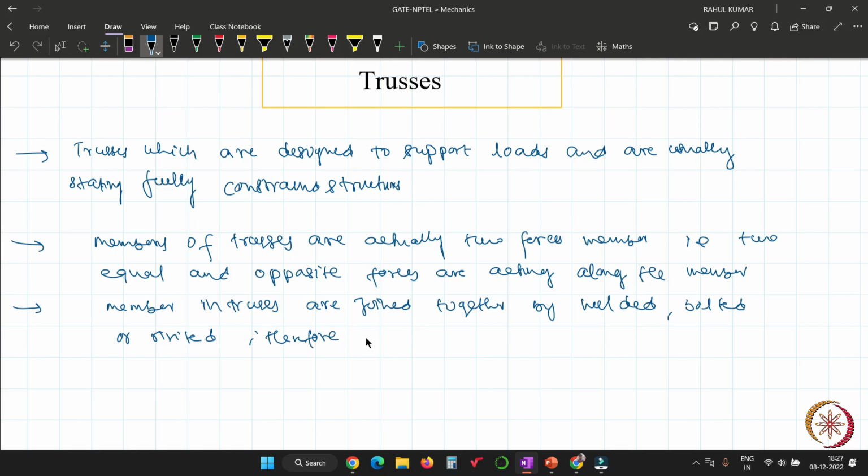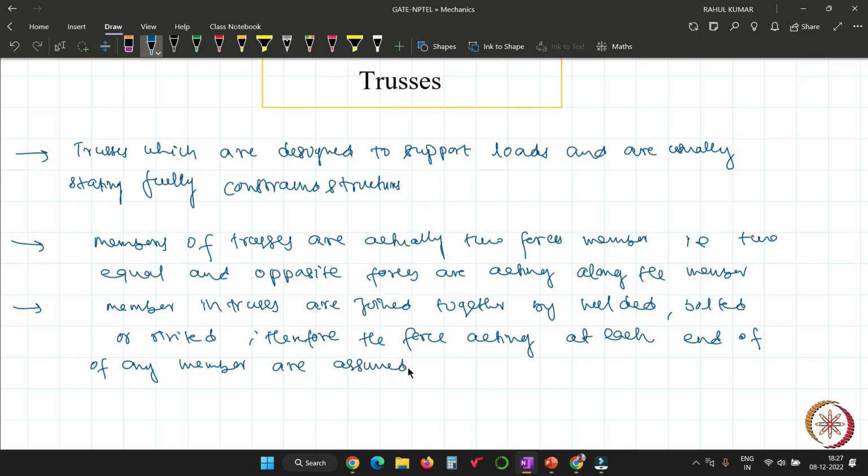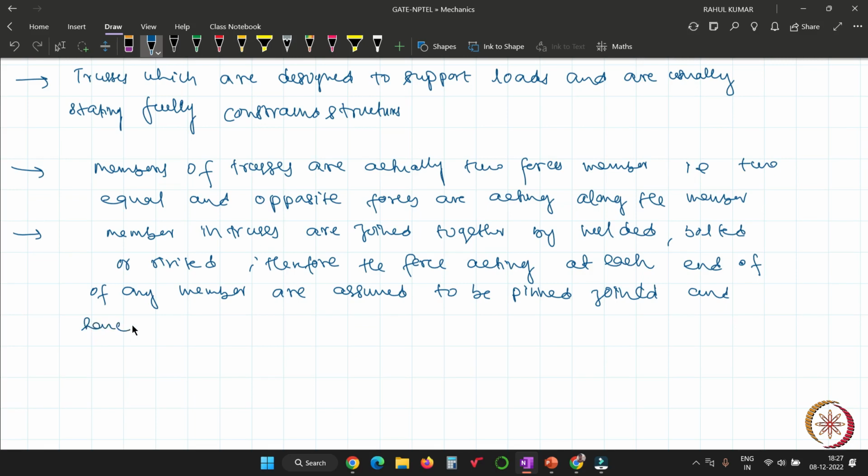Therefore, the forces acting at each end of any member are assumed to be, this point is very important, assumed to be a pinned joint, and hence forces are actually reduced to a single force.